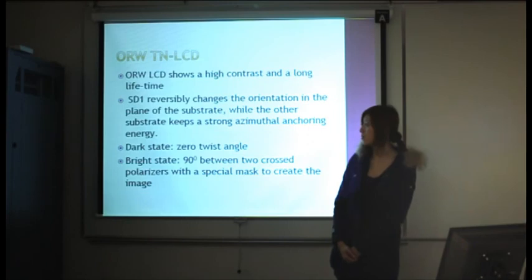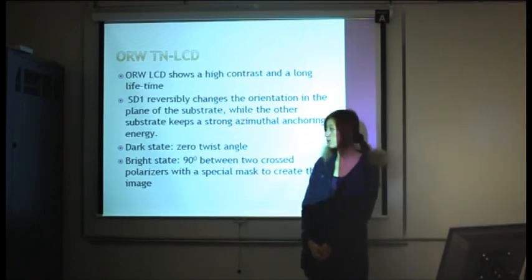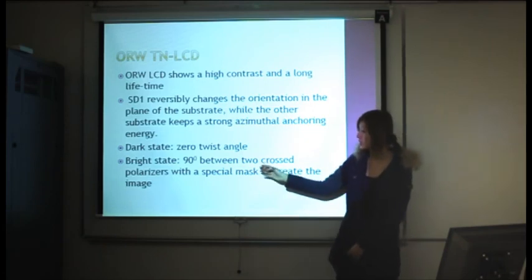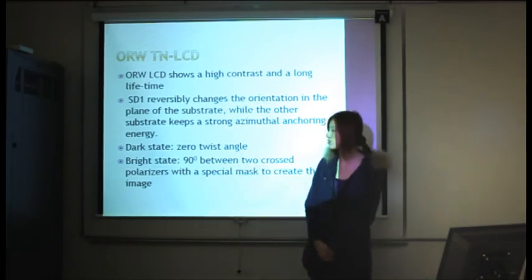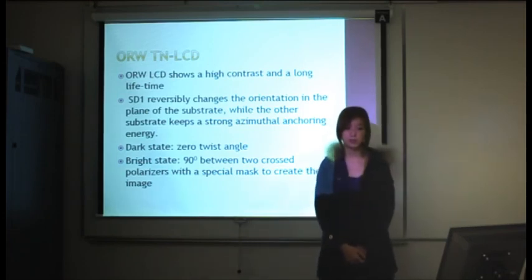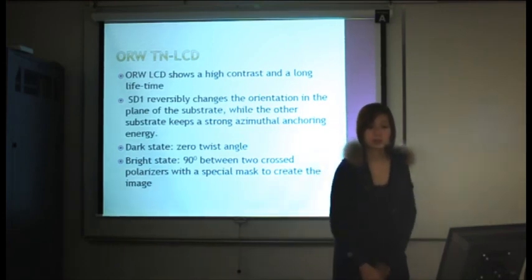In the dark state, the twist angle will be 0, but in the bright state that is totally different. It is exactly around 90 degrees between two crossed polarizers, with a special mask to create the image.